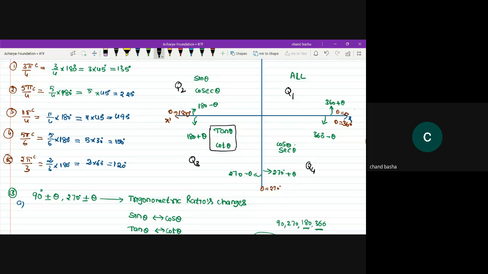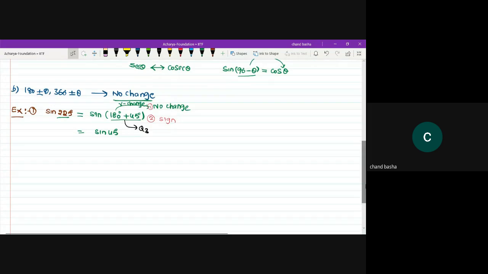But your function is sine. Is sine allowed in the third quadrant? No, sine is not allowed, which means change its sign. The positive sign changes to negative, because you have entered another quadrant, the tan and cot quadrant. Whenever you enter other quadrants, the sign must change. There is no change in the trigonometric ratio.